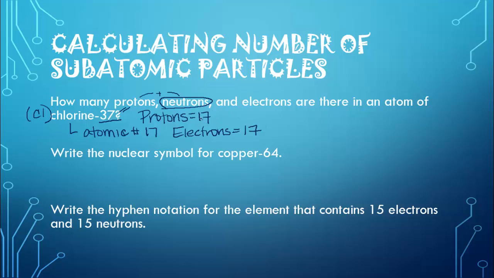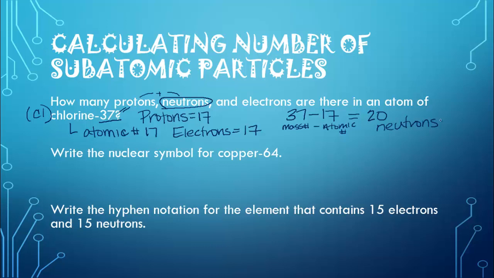So if we already know we have 17 protons, we can take 37, our mass number, minus our atomic number, and that gives us 20, or 20 neutrons.